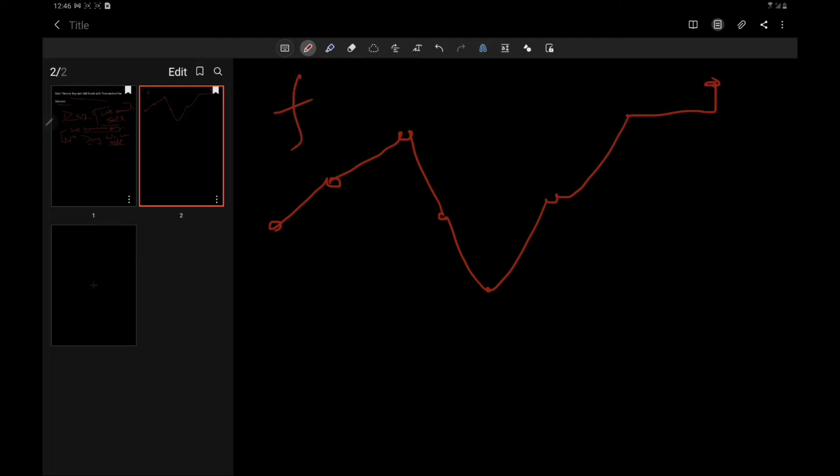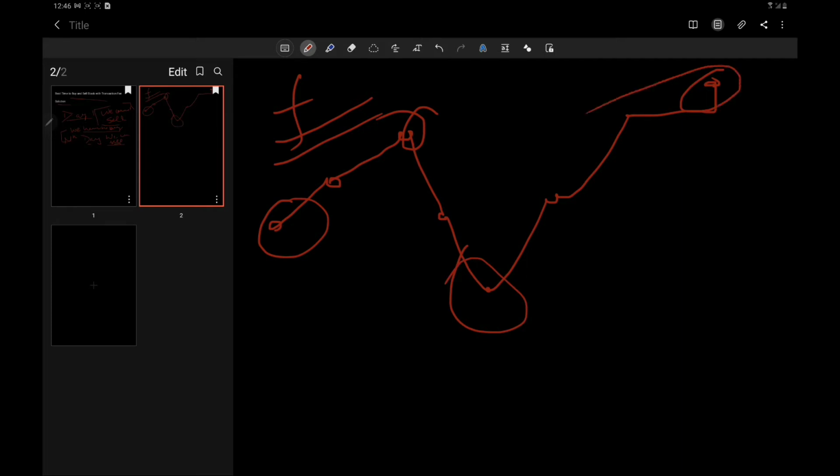Now if we plot the prices on a graph, it could look like this. Given any fee, what would be the maximum profit? If there is no fee, then we can engage in as many transactions as we like.